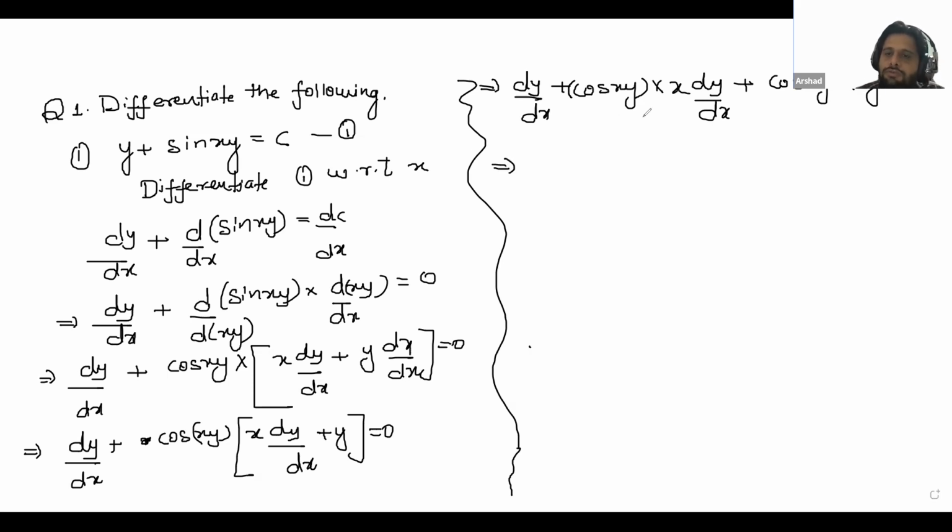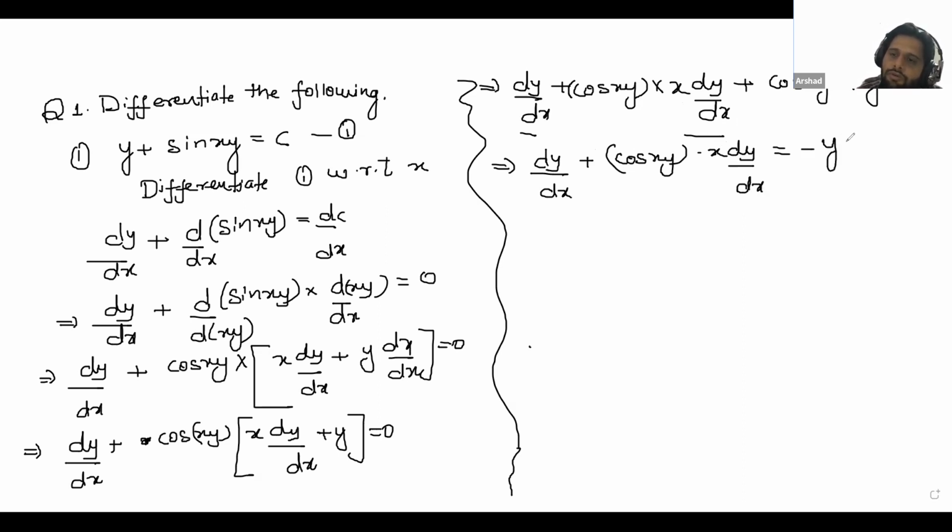Now from this, please take dy by dx terms together. Here we have a dy by dx, and here we have a dy by dx. Shift this term to the right side. So write like this: dy by dx plus cos xy into x dy by dx, and we get minus y cos xy.